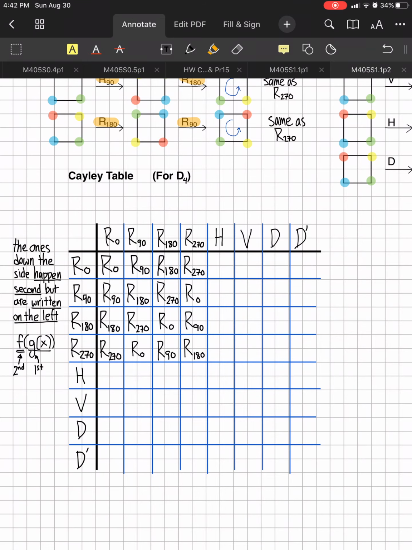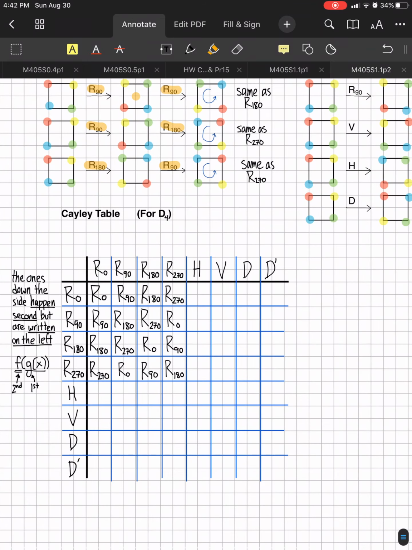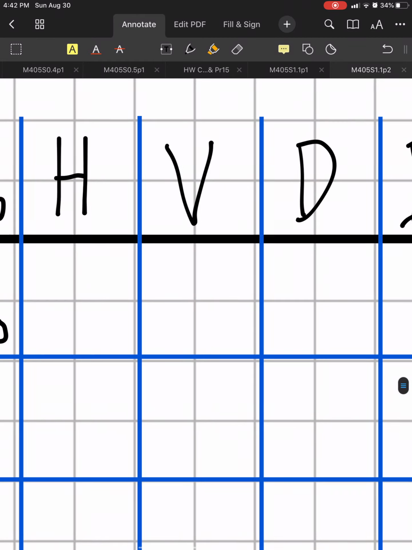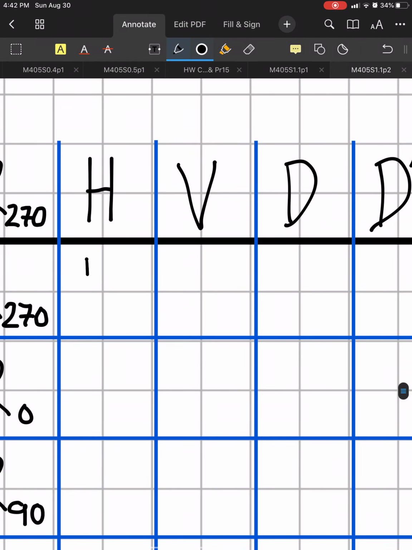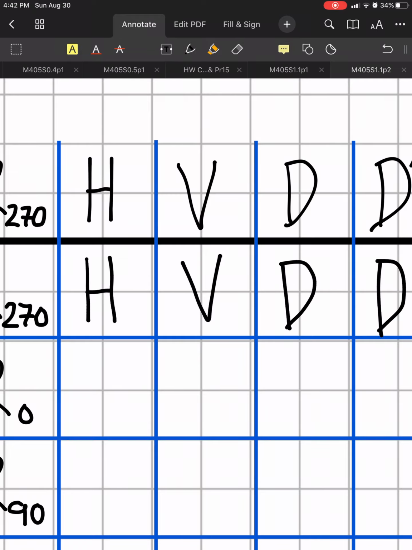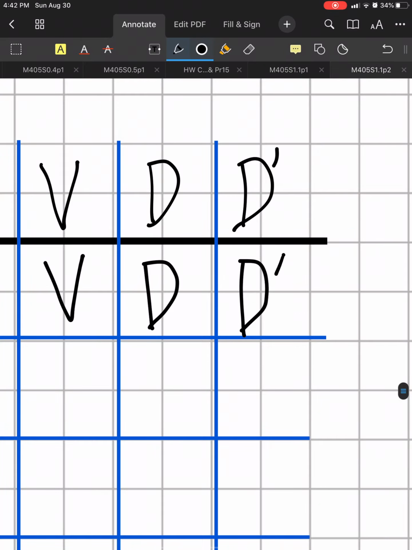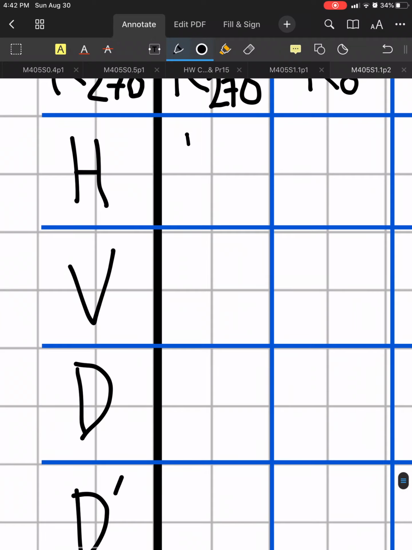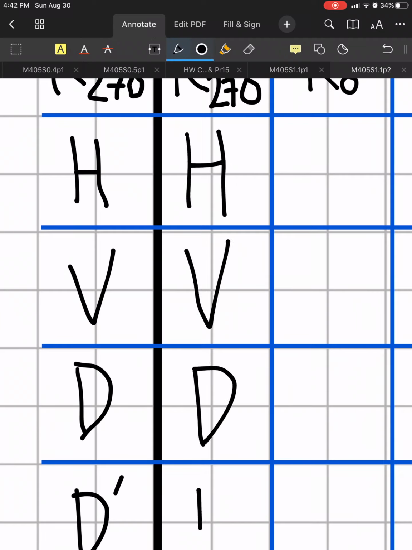So, now, the other part that's easy to fill in, R0, remember, doesn't change anything. So, whether you're going across the top or down the side, in the R0 row and column, these things all remain the same. No changes happen there. Another couple things are easy about it here.